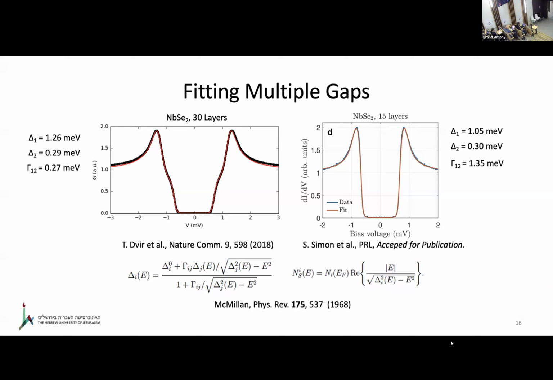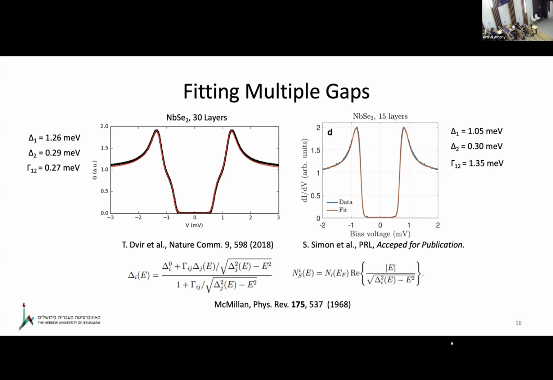Recently, Shachar, my student, figured out that if you look at the spectrum of niobium diselenide, you have a problem, because everybody tries to fit this data to BCS, and it doesn't work. It only works if you fit it again to the same McMillan model, but then you have a much greater coupling term, and you understand this by the scattering term being greater than, or of the order of magnitude of, delta. This was recently accepted and published in PRL.